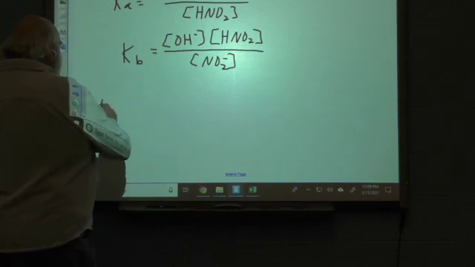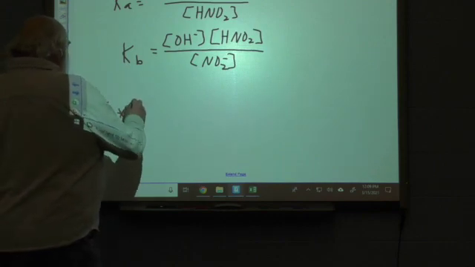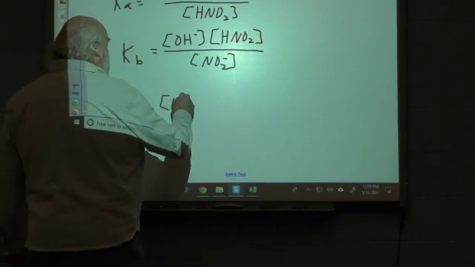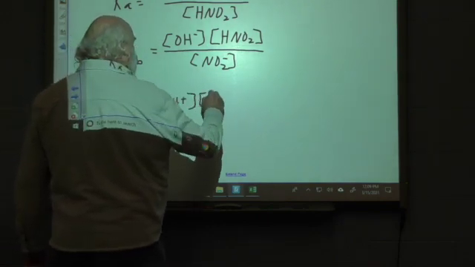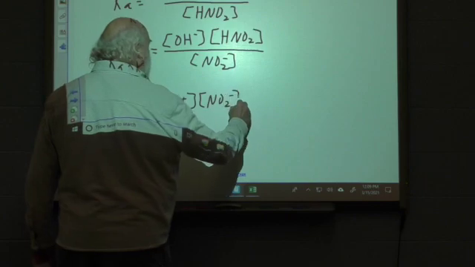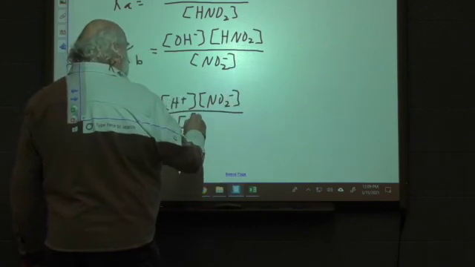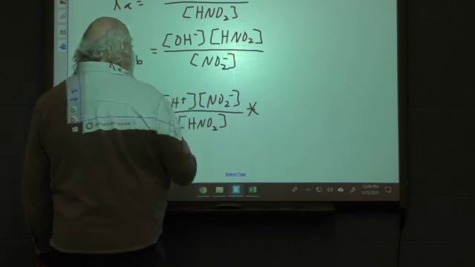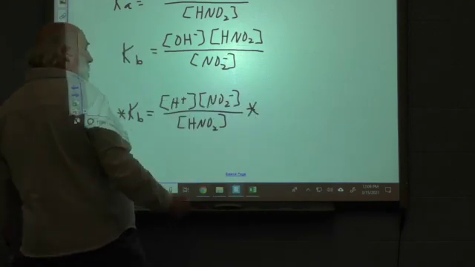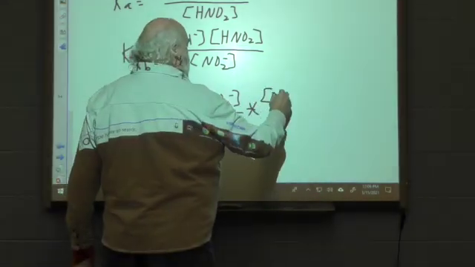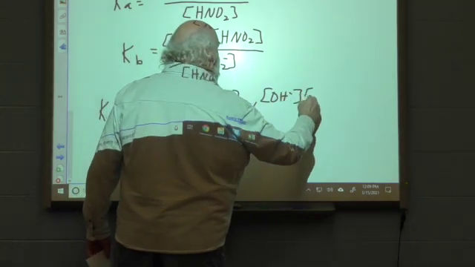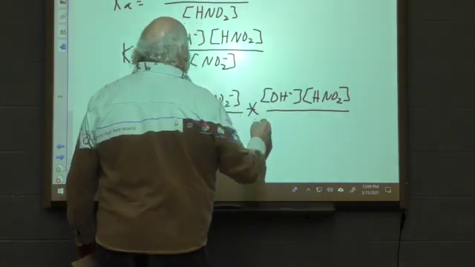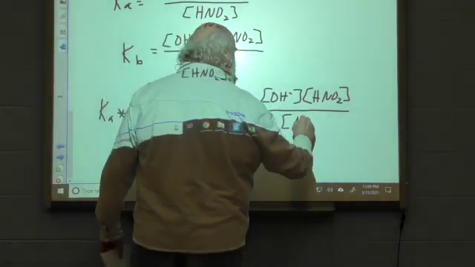So Ka times Kb equals the concentration of hydrogen times the concentration of NO2 negative over the concentration of HNO2, times, and then the Kb gets put over here, OH negative times HNO2 over the concentration of NO2 negative.